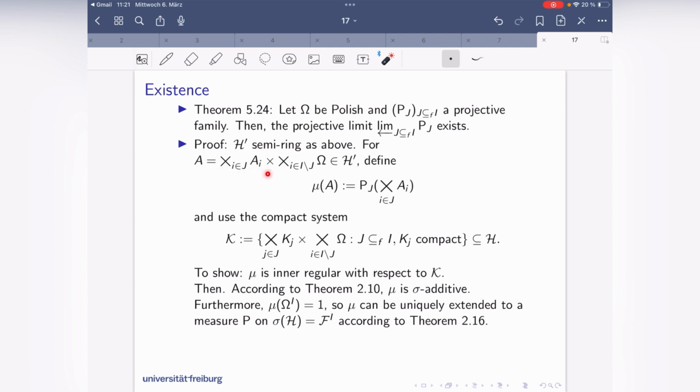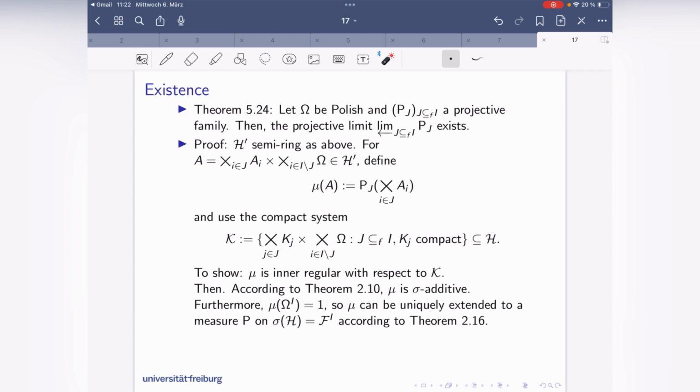Again, I take an A of this form here. And on H prime, I can define mu of A. Mu is then a function on H prime, properly defined here.